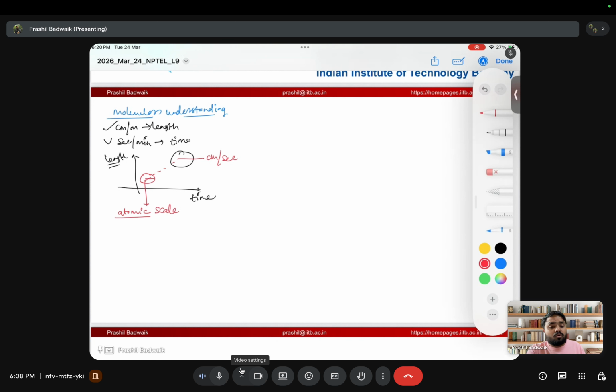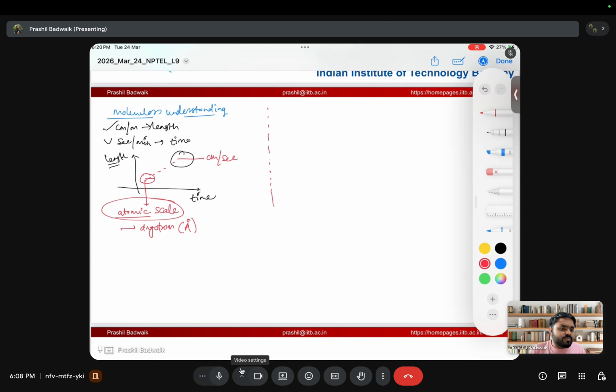We can go again below that and have the electron as our fundamental particle, right? Depending on the fundamental particle of the system, we can go to lower scales. In this atomic scale, we have dimensions in angstrom.